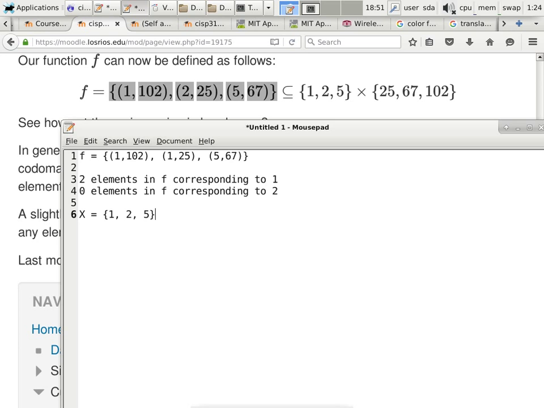So the rule says, for every element in the domain, there has to be exactly 1 element in the function corresponding to it. So if your function is an empty set, then it's not a function. Unless your domain is an empty set itself, then the function can also be an empty set.